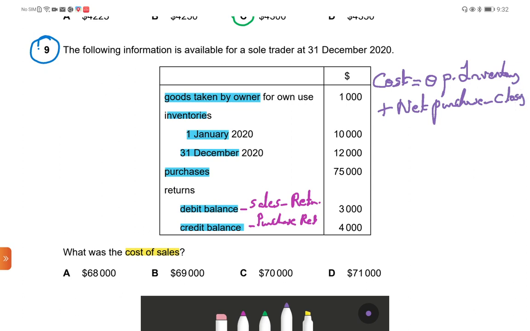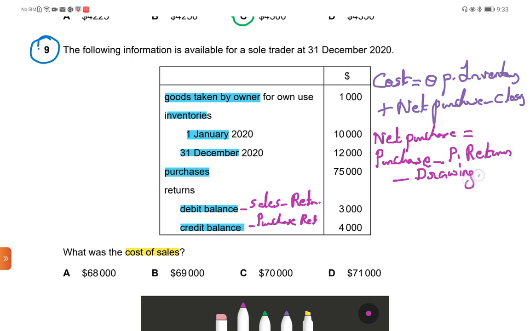So what is the net purchase? Net purchase is equal to purchase minus purchase return minus goods taken by drawing.